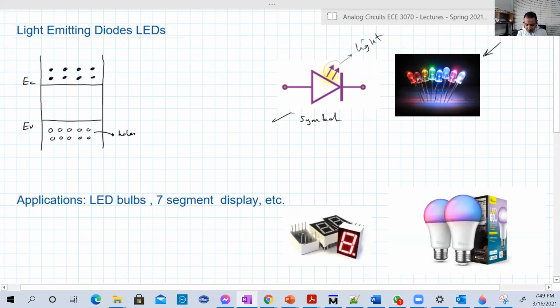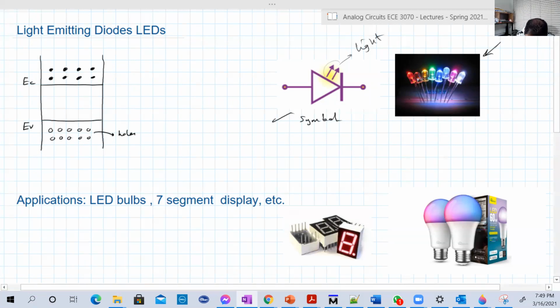When an electron moves from the valence band to the conduction band, it has what's called a lifetime. This lifetime is the average time that the electron will stay in the conduction band before it goes back to the valence band.